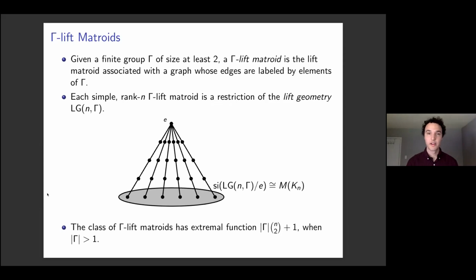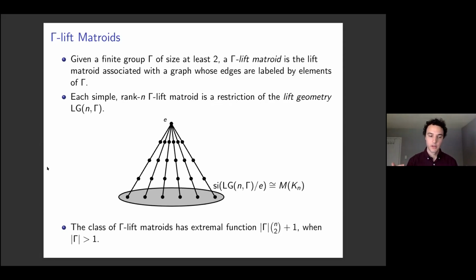And the point here is that these lift geometries look very different from Dowling geometries, because all of these lines of length at least gamma go through this common point E. Okay, so every pair of these long lines is coplanar, and this is behavior very different from the Dowling geometries. Okay.